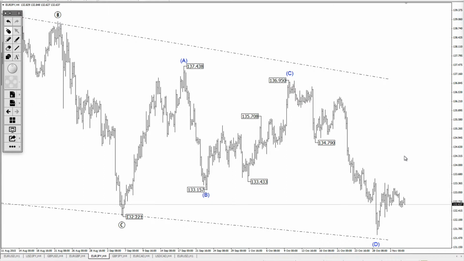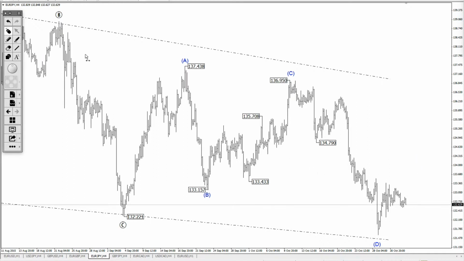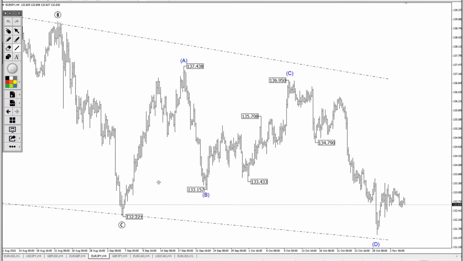The trade would need to be on for a couple of days, even a couple of weeks, if this is going to be choppy. If we look at this recent price action, we can see, for example, from this 133.157 down to 130.695, this is very choppy, very overlapping, which eventually will get you a couple of hundred pips, but can be frustrating and stressful to trade this kind of price action.